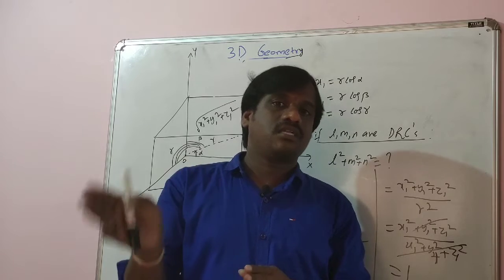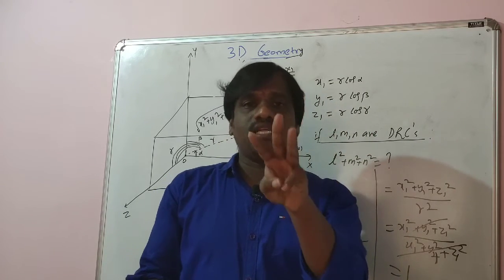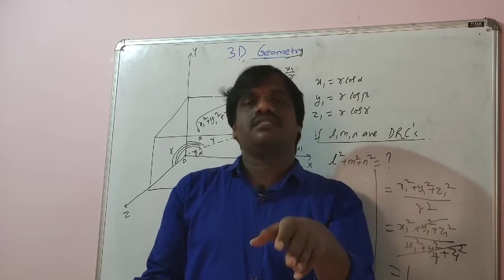They are the direction cosines if a, b, c are direction ratios.